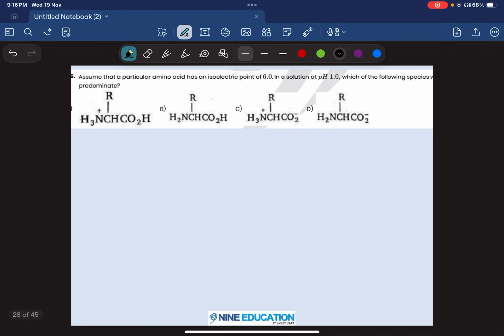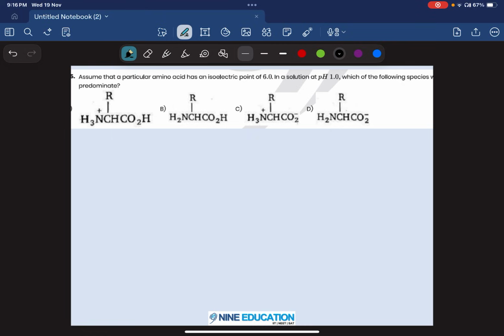Then next question. It is about biomolecules, the Zwitter ion. Which of the following molecules will predominate at pH 1.0? That means acidic pH.